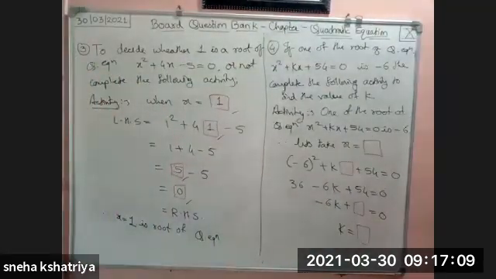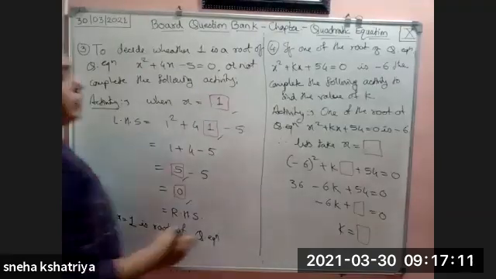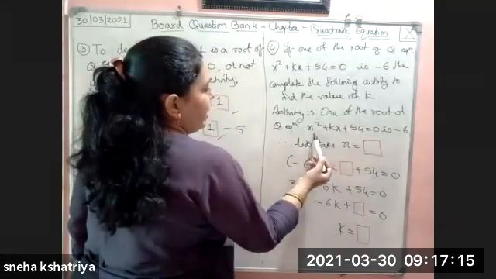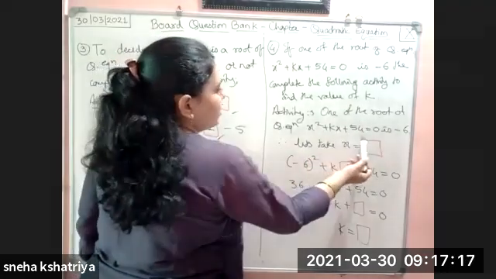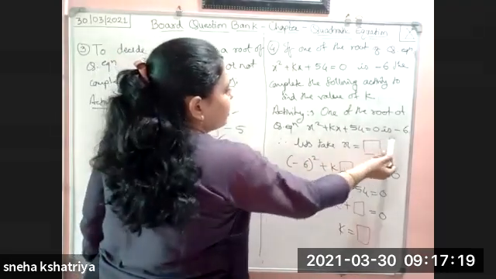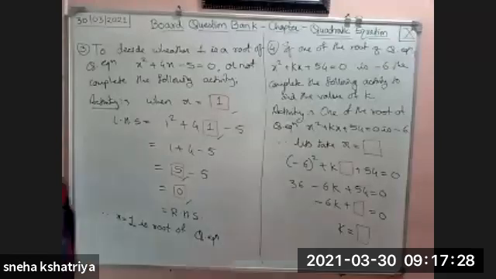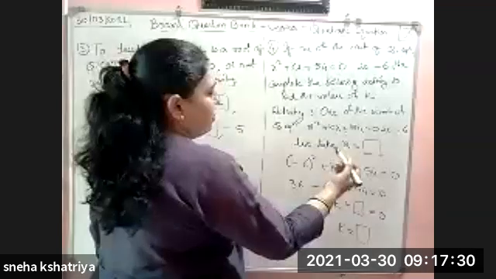Okay. See here again 4 boxes are given. What is the question or activity given to us? One of the roots of the quadratic equation x square plus kx plus 54 is equal to 0 is -6. One root is already given to us. From that we have to find out the value of k. So if one root is given to us, what does it mean?